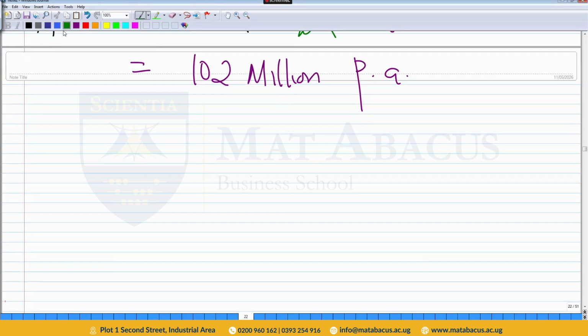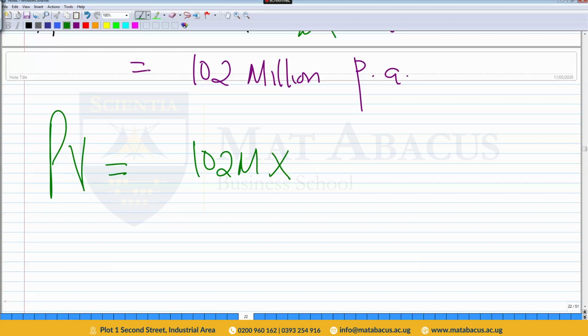You have to get present value. So the present value for that is going to be the 102 million times the discounting factor. We were told tax is payable in arrears.